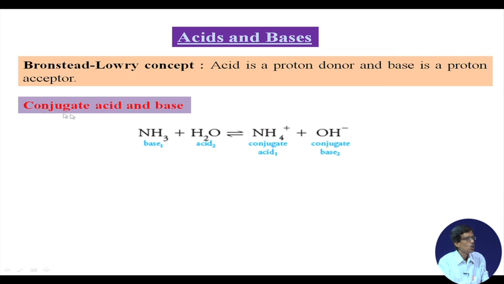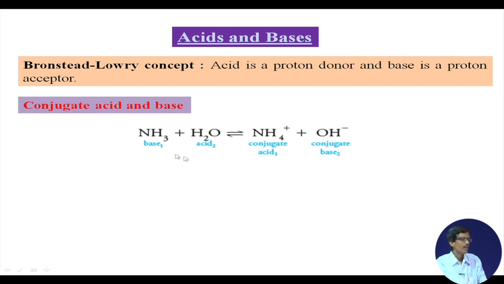So, if we know the starting point, what sort of base and acid we have, we can think about and realize the strength of the conjugate acid and conjugate base, and plan accordingly for the neutralization reaction or titrations based on acid and base.